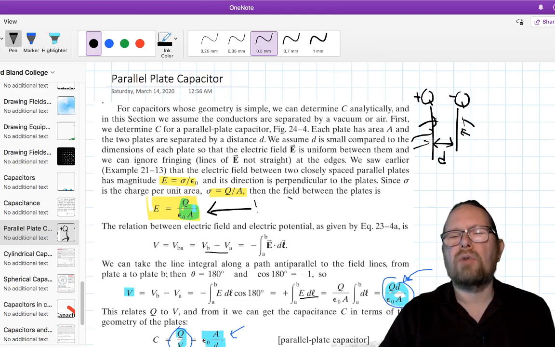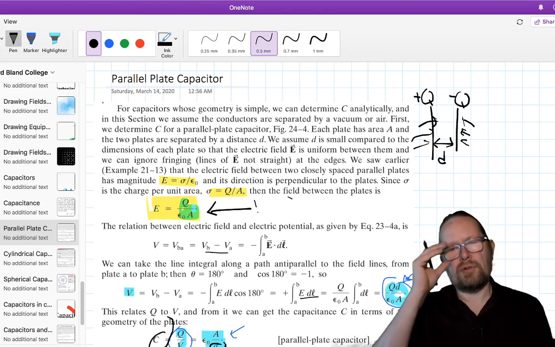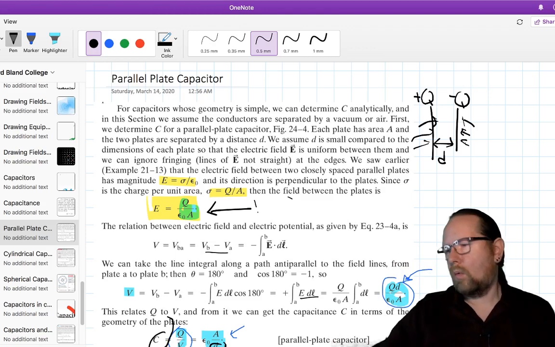So it actually increases the capacity of the capacitor to have D be small, C is bigger. So the two are inversely proportional to one another.